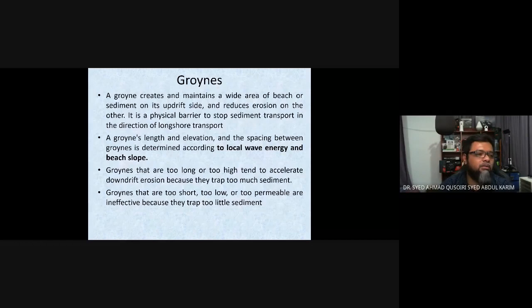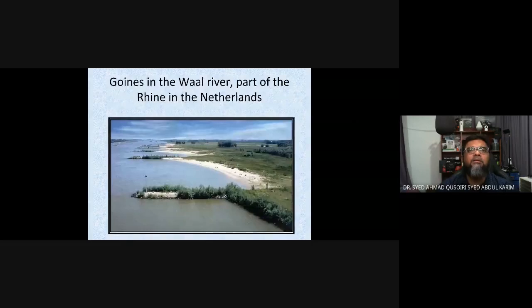So these are all to be calculated before the groins are being built. So if the groins are too long or too high, it will accelerate downdrift erosion because they trap too much sediment. And if you can see that the groins will cause a lot of sediment to be trapped between these groins. Kan?